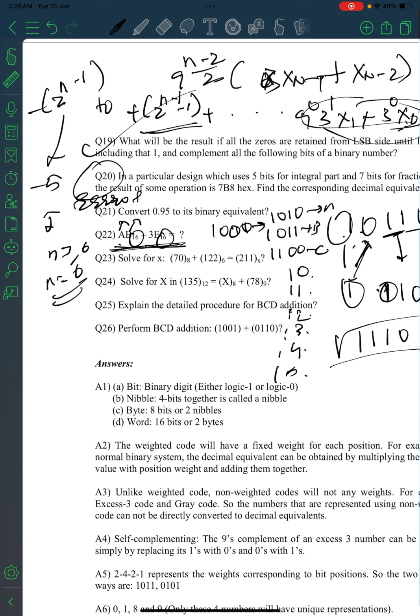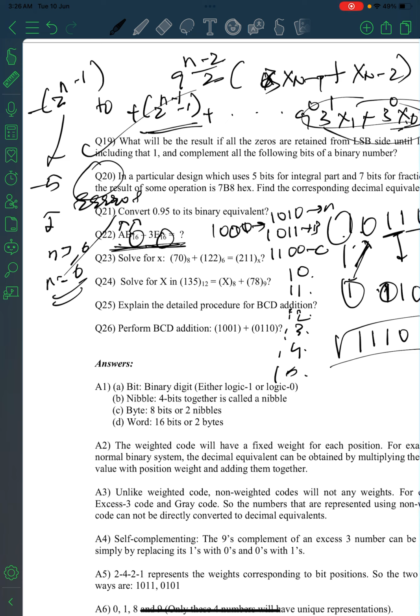If it is on the left hand side of the decimal point, then we'll be doing it in the reverse manner, the way we started earlier by dividing the greatest number by 2. We will be getting some zeros and ones depending upon the divisibility of the particular number by 2, and at the end we reverse that whole number. So this is not the case for the decimal part, which is the right hand side of a decimal point.